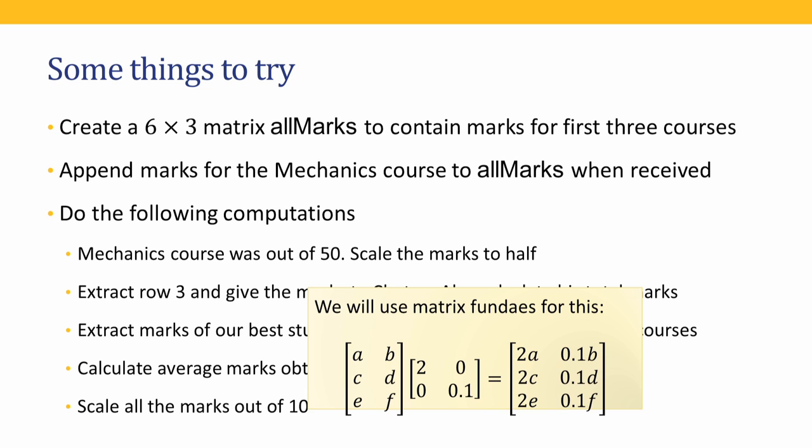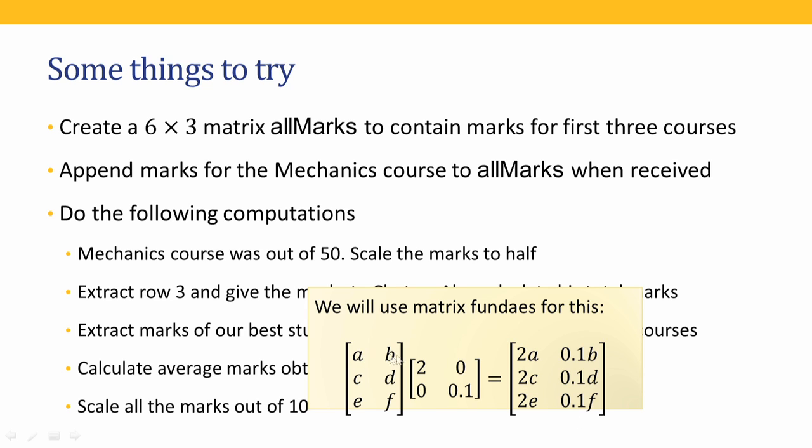If you have a matrix A, B, C, D, E, F, so we have 3 rows and 2 columns, and we multiply this with a diagonal matrix of this form, we are post multiplying with the diagonal matrix. What is going to happen is that the number 2 is going to multiply the first column, and the number 0.1 is going to multiply the second column, and this is the result that we get.